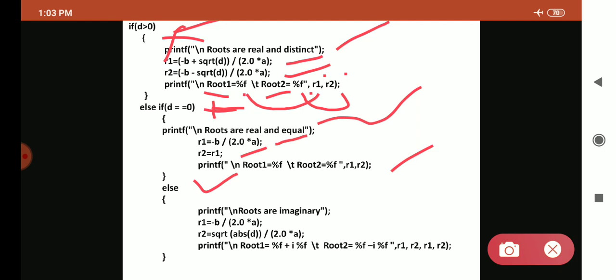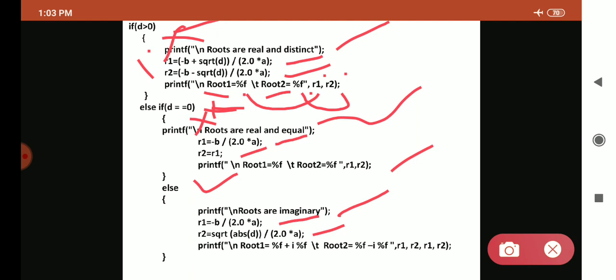Now if d is not greater than 0 and d is not equal to 0, then d must be less than 0, and in this case roots will be imaginary. This message has to be displayed on screen. Then the formula to calculate r1 is written over here, and the formula to calculate r2 is also written. After calculating r1 and r2, we should display the values of r1 and r2 in imaginary form.